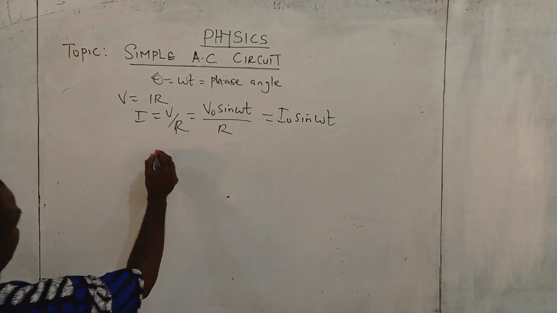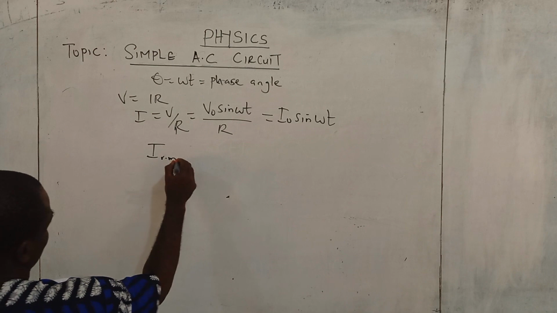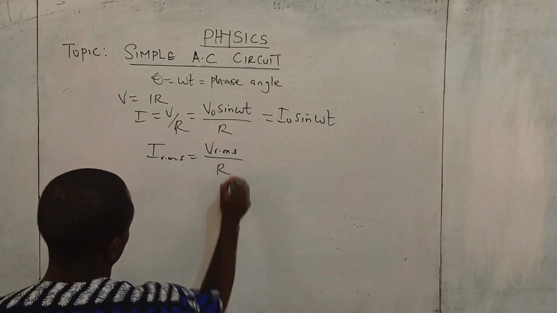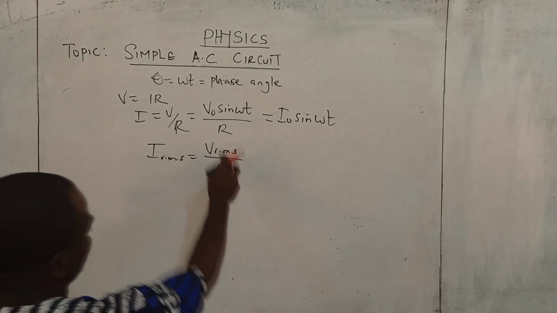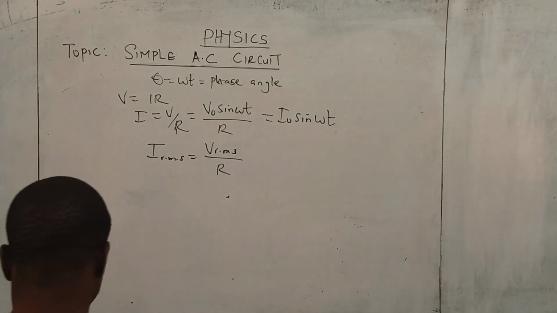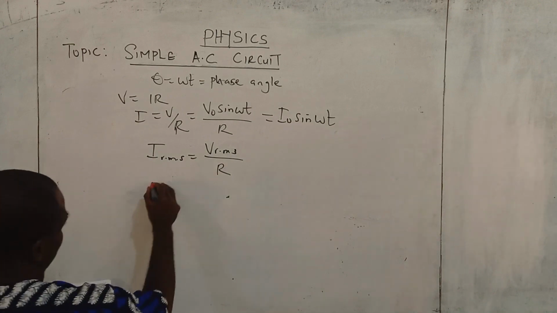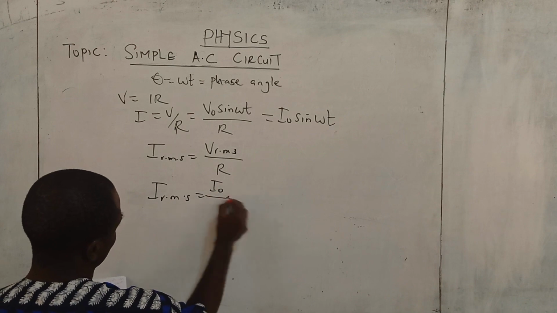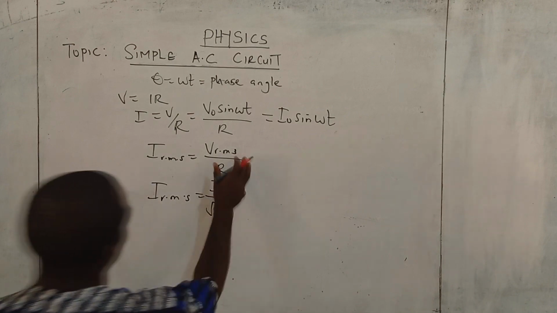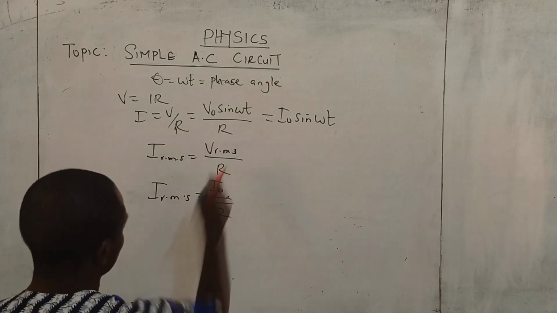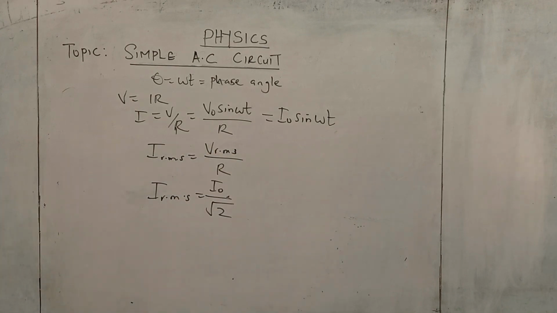Now you have I root mean square equals V root mean square over R. Also, I root mean square equals I naught over root 2, the peak current over root 2. It's an important formula.